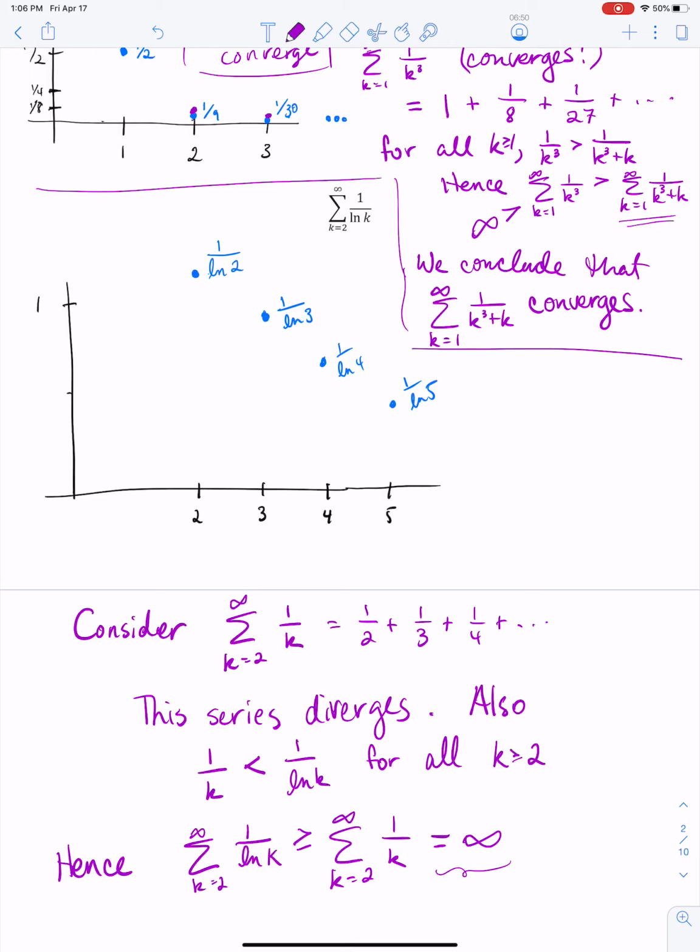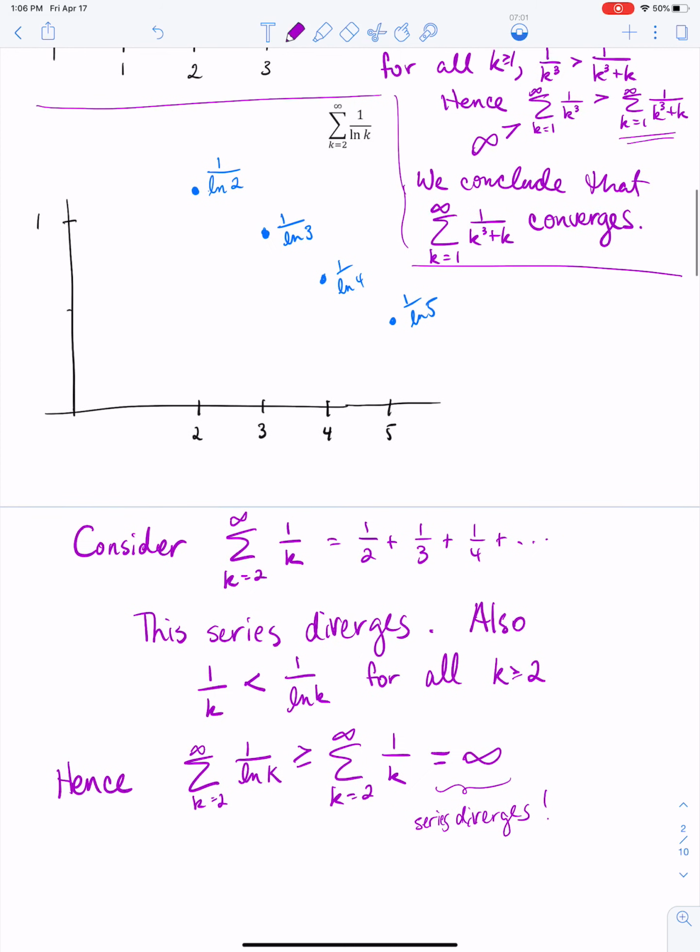That's a type of divergence. So that series diverges.